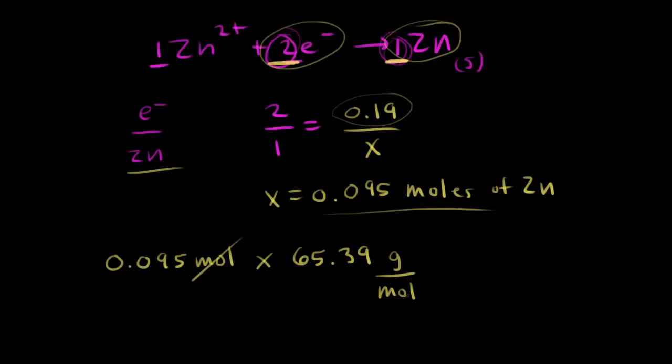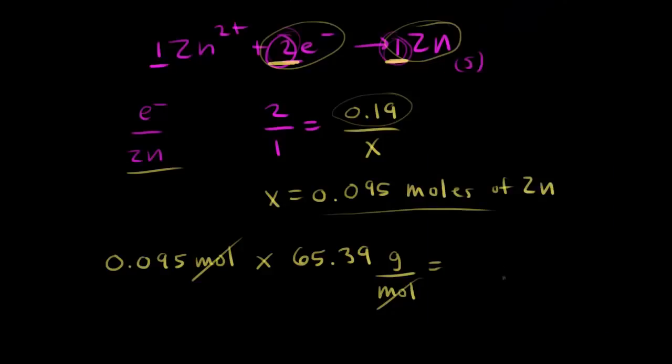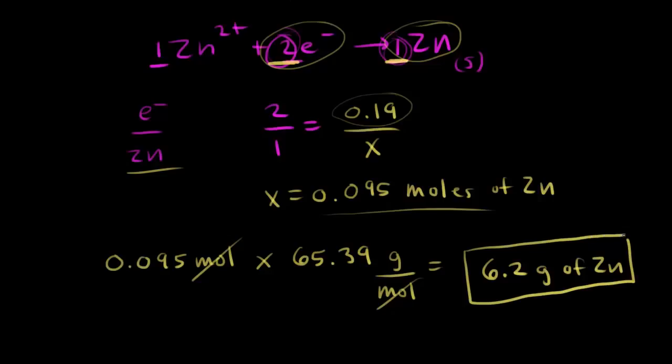If you multiply, the moles cancel out, and that gives you grams. So let's do that math. So we have 0.095 times 65.39, which is equal to 6.2. So we get 6.2 grams of zinc. That's our final answer. That's how much zinc deposits on the zinc electrode.